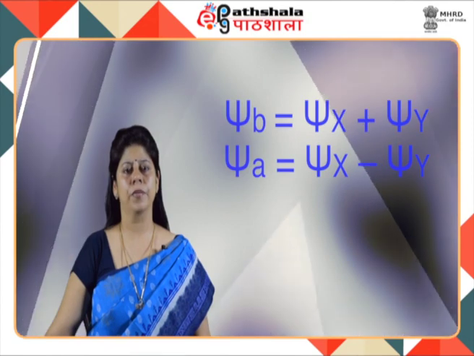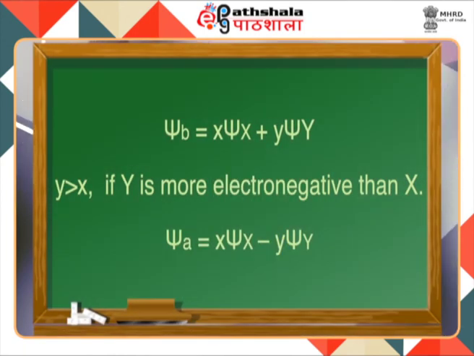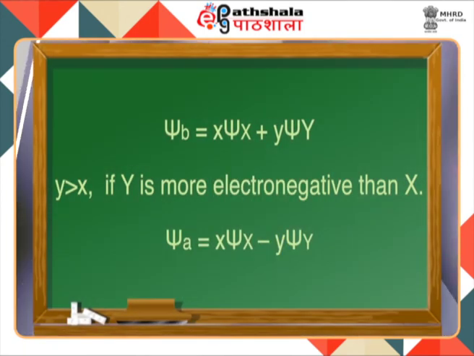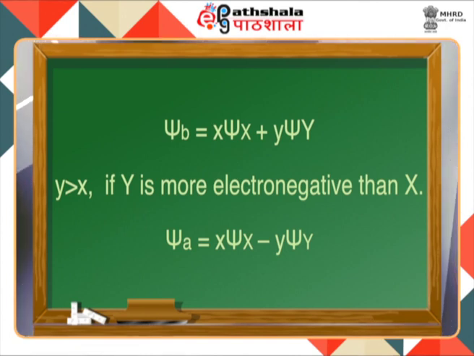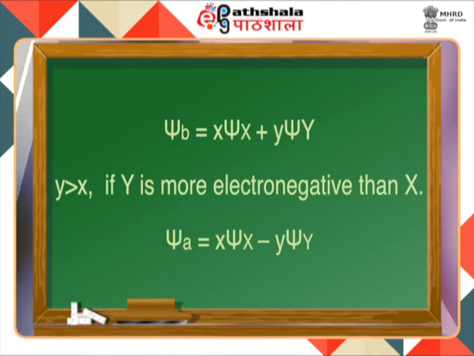If both the atomic orbitals have the same energy, they contribute equally to the bonding and antibonding molecular orbitals. If one of the atomic orbitals has lower energy than the other, it will contribute more to the bonding molecular orbital. Psi bonding is equal to a, the coefficient of x atomic orbital, times the wave function of x atomic orbital, plus b, the coefficient of y atomic orbital, times the wave function of y atomic orbital.